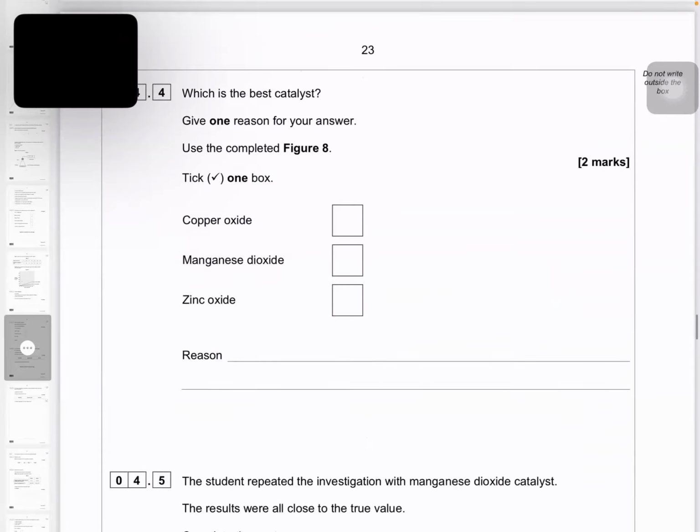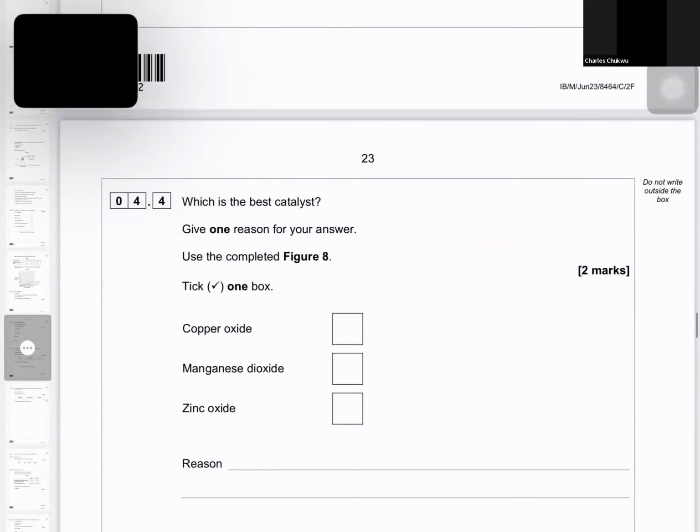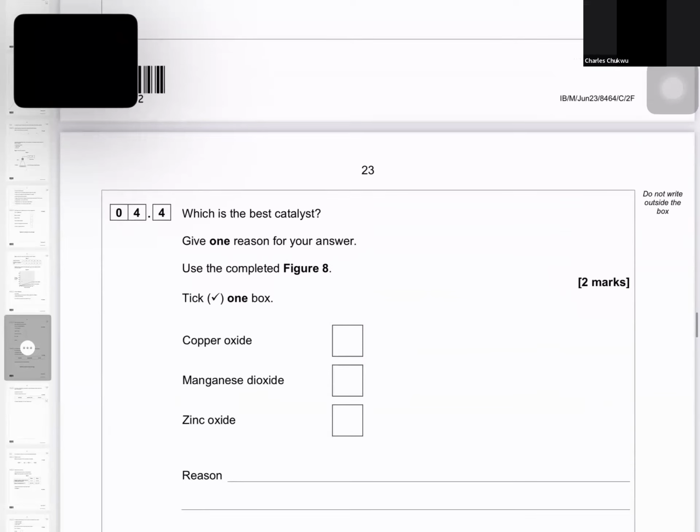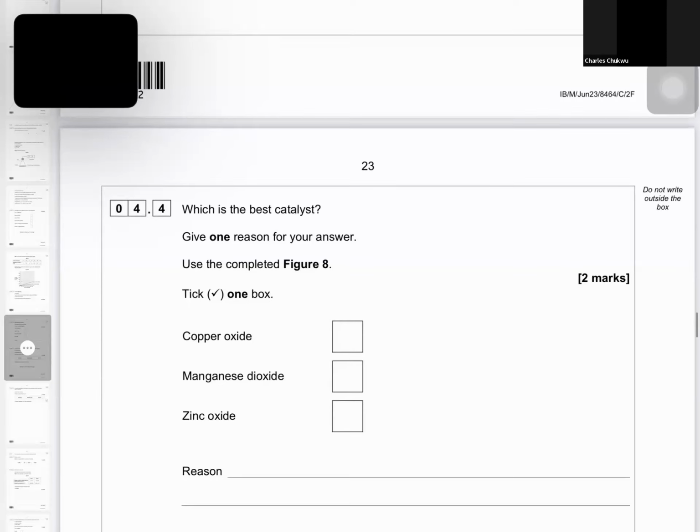What does this one say? It says, which is the best catalyst? Give one reason for your answer. I'm not too sure of this. What does the marking scheme say about it? Manganese dioxide.